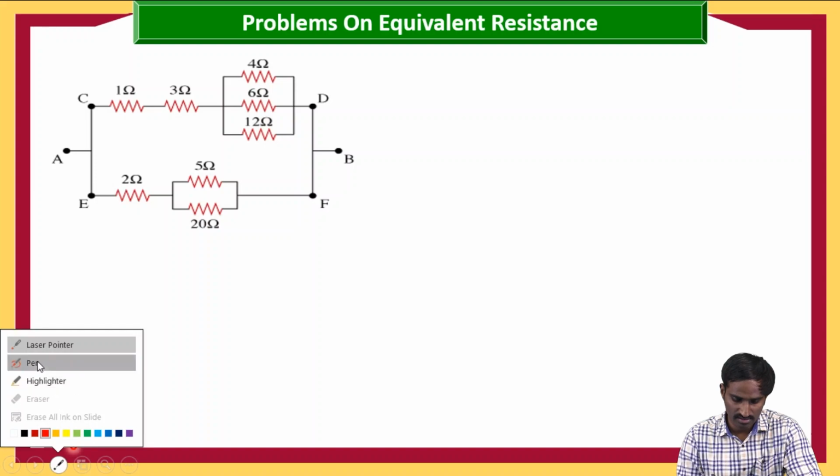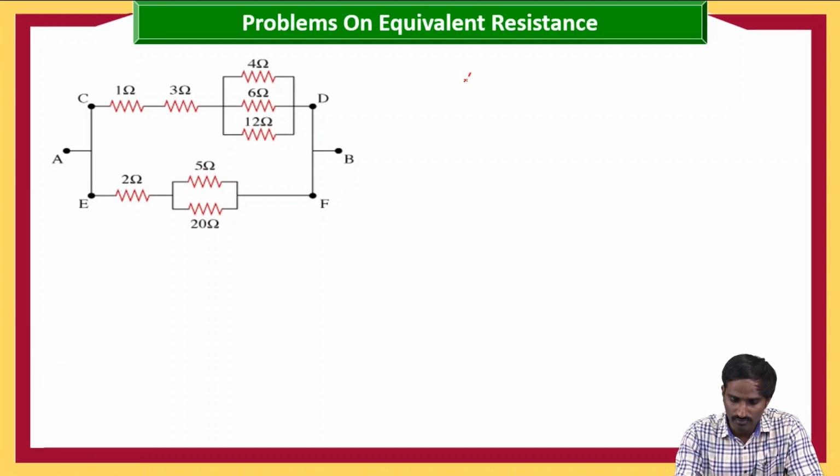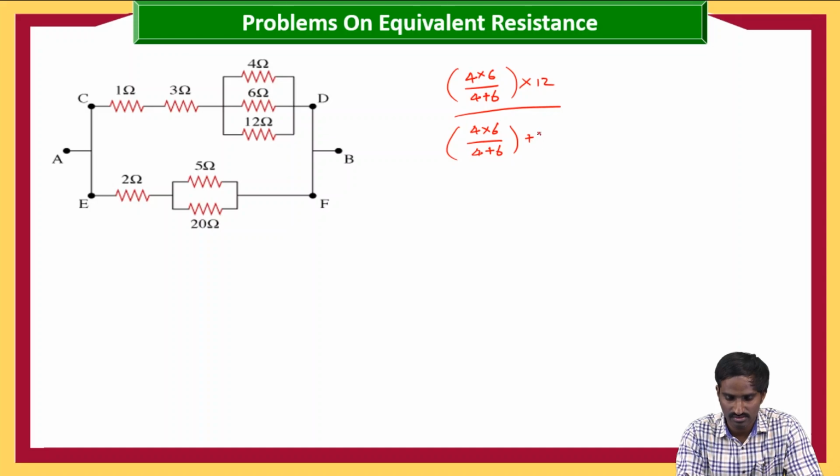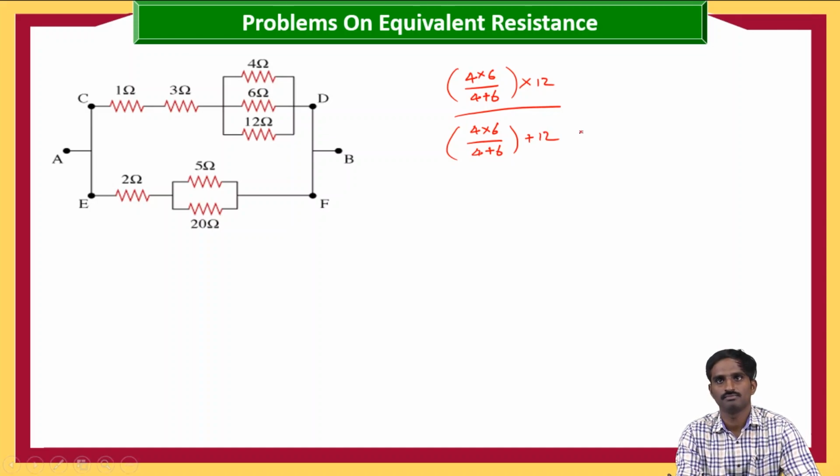So we can write 4 into 6 by 4 plus 6, this is one combination, and this into 12 by 4 into 6 by 4 plus 6 plus 12.